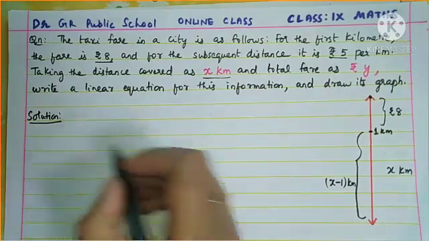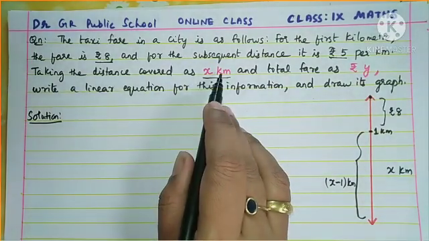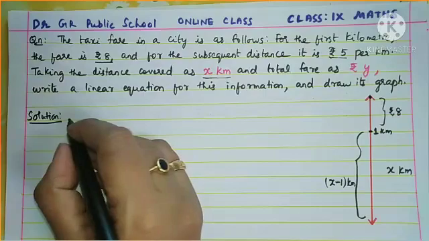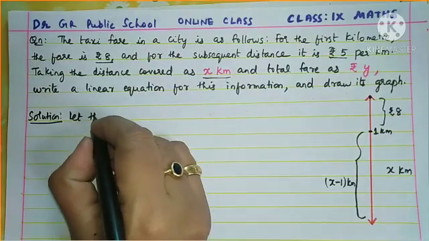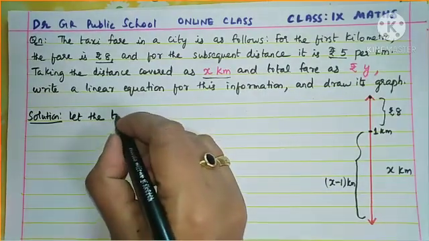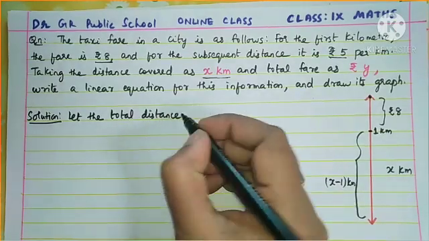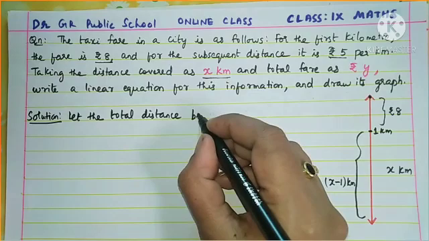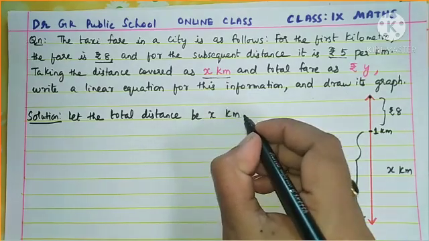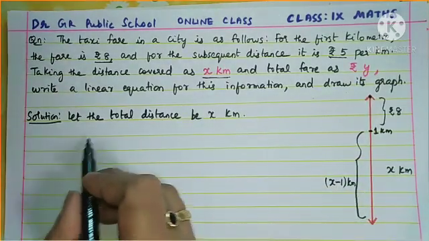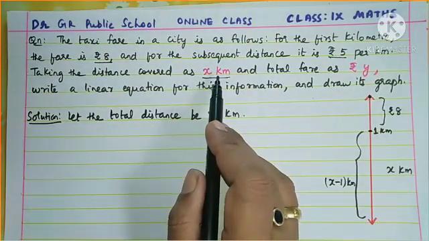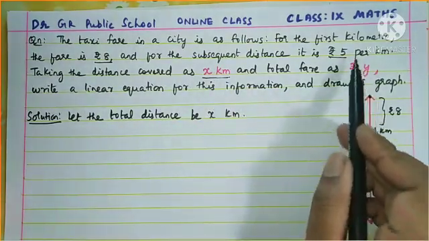How to start? First we take the total distance given as x kilometer. So I am writing: let the total distance that is given in the question be x kilometer. And what is this y?